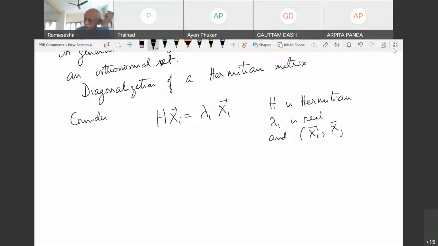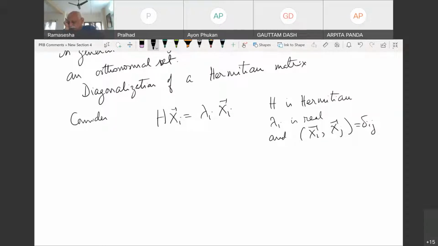I have also normalized eigenvectors, because you can multiply an eigenvector by any constant and it is still an eigenvector, so we can normalize it. And when the eigenvalues are different, automatically x_i and x_j are orthogonal.